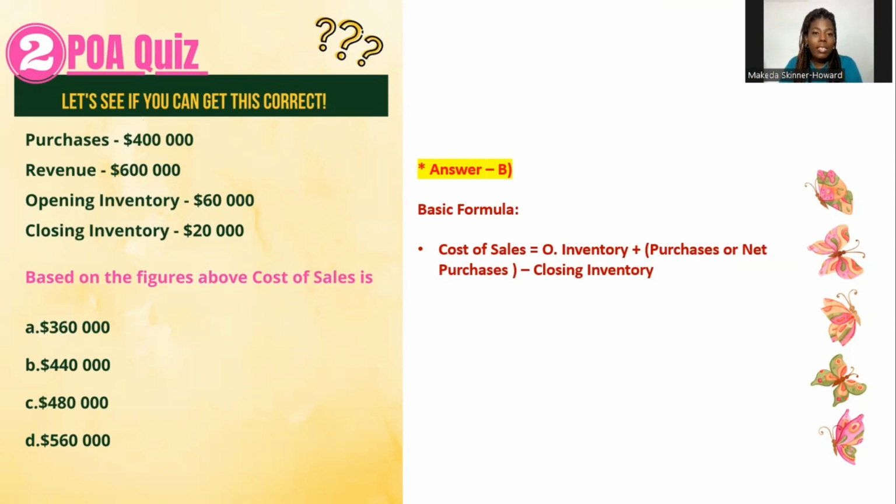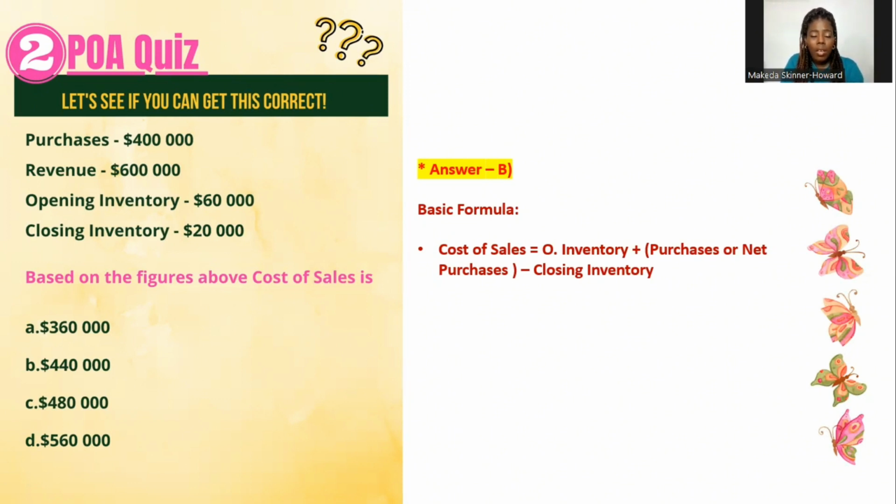Why B? Let's look at the basic formula. Cost of sales, also known as cost of goods sold, is equal to opening inventory, add either your purchases or your net purchases, minus your closing inventory. This is the basic formula for cost of sales. We have our opening inventory, we have purchases in this case, so we're going to use purchases, and we have closing inventory.